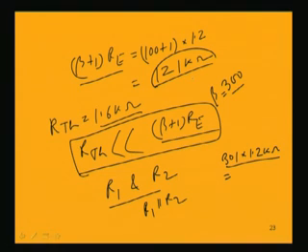So again the operating point will shift, but the effect of beta change is very dominant compared to that IC naught change, and that is why we are mainly focusing on the change of IC due to beta.